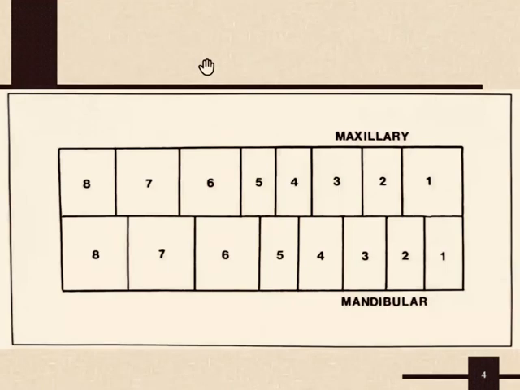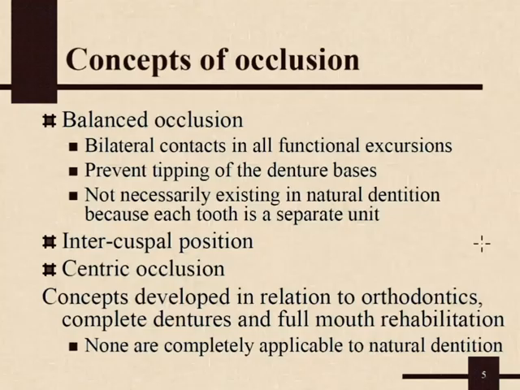For example, this is the maxillary and the mandibular. You will be familiar with this diagram in a while. Now, if you want to talk about concepts of occlusion, meaning the ideal or the optimal occlusion in natural dentition, it has some features. But we have different terms that are commonly used in discussions about occlusion.